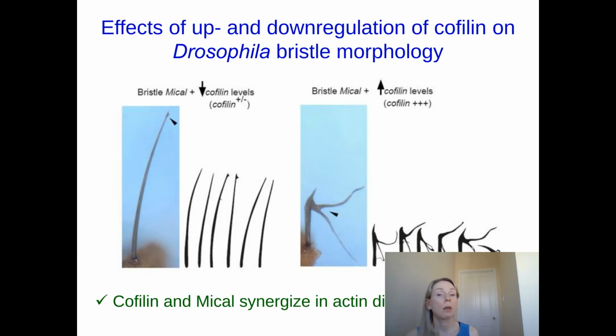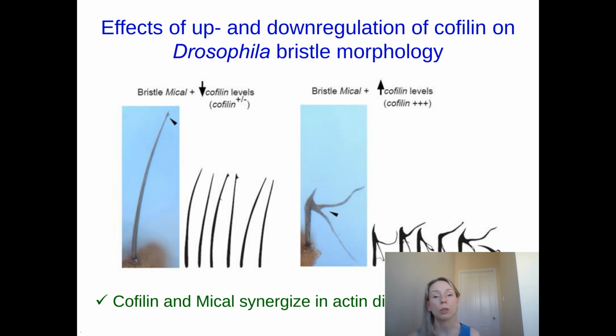And then we went back into the Drosophila model, and Jonathan Terman's lab performed this beautiful experiment when we downregulated and upregulated level of Cofilin on the background of Mical overexpression in bristles.